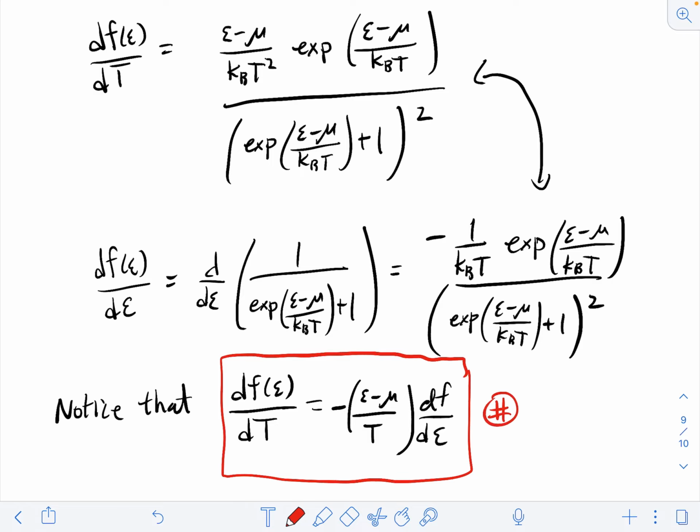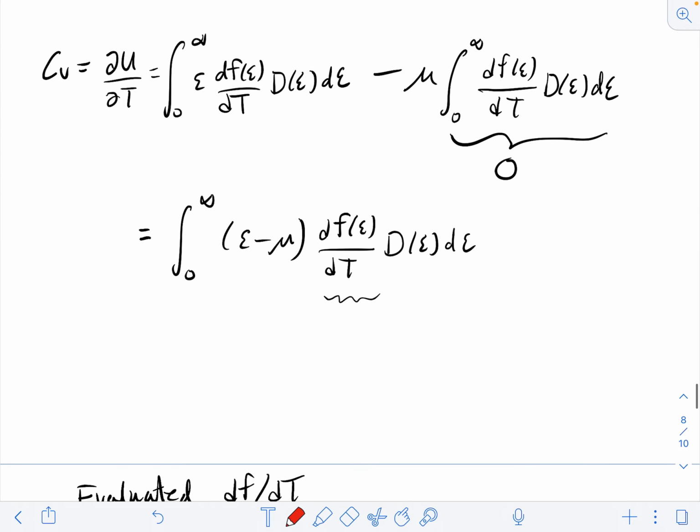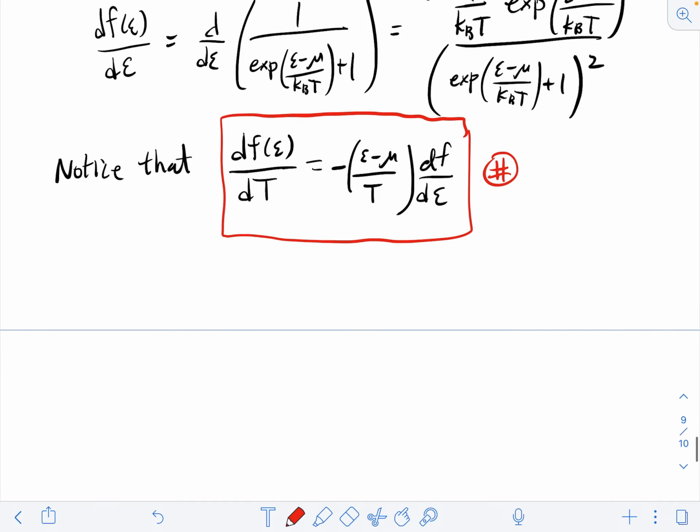So what we're going to do is, if we call this number the relation, we'll go back to our heat capacity expression, and we're going to replace this df dT derivative with that, which is going to convert it to a df d epsilon derivative. Okay, so let's do that.